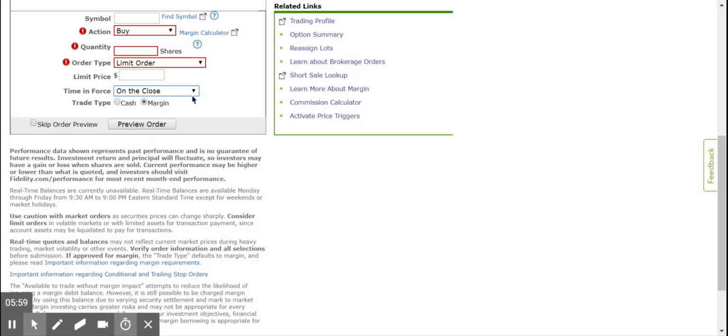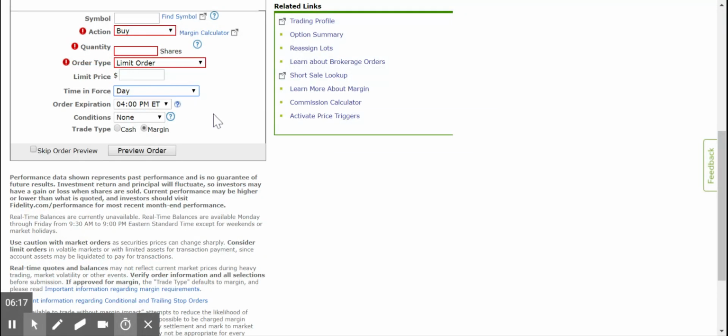There's a lot of fear and volatility when the market opens or closes. So many times you can get an outlandish buy or sell in the morning, but I don't usually like to trade right off the open or right off the close. So my typical would be the day order. I'm putting this limit order in for the day. If it doesn't execute at the price I wanted for that day, the trade is canceled.